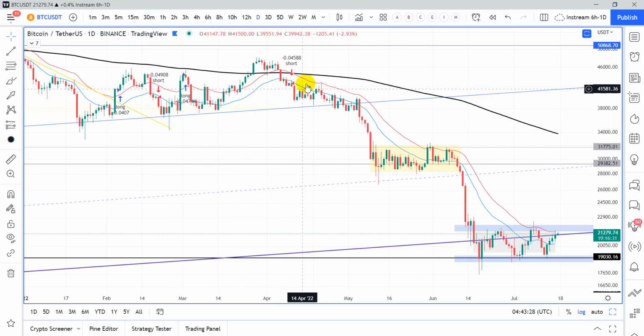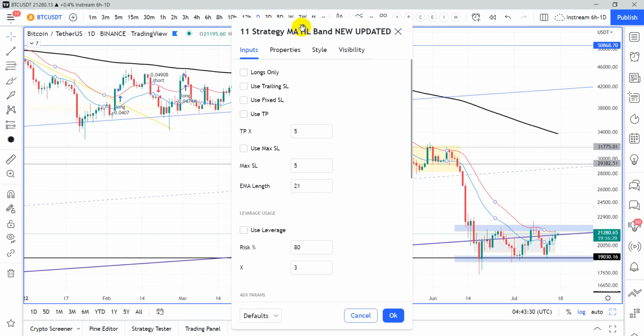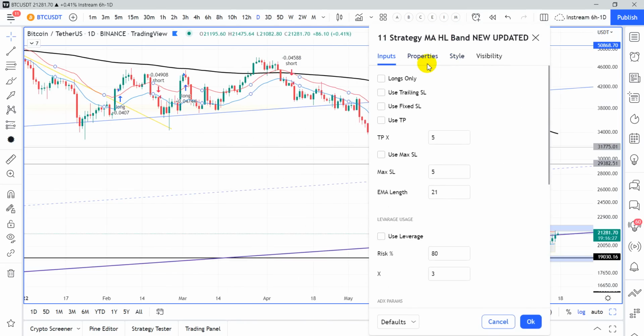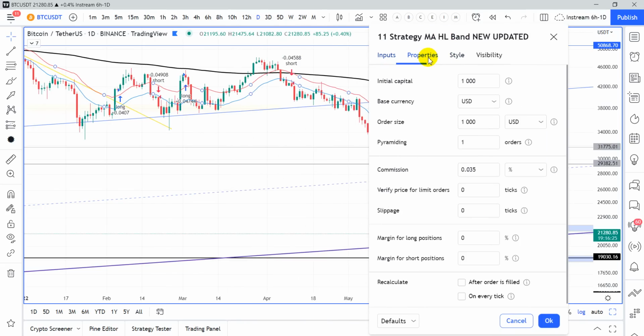Right now, for the settings, what do I have here? This is the script that I got for it. I have an initial capital of $1,000 and an order size that means every single trade will open with $1,000.